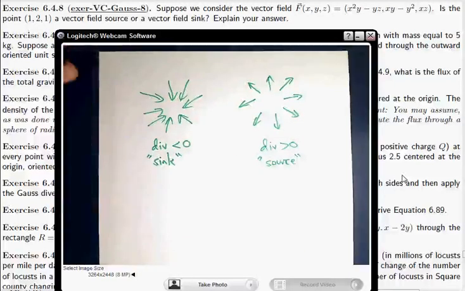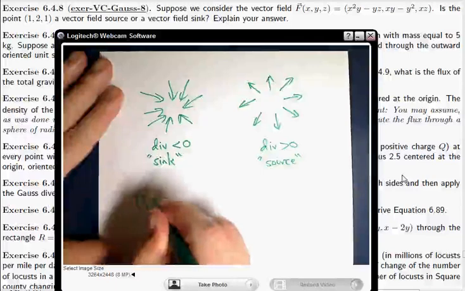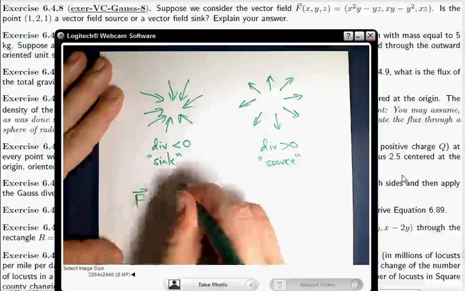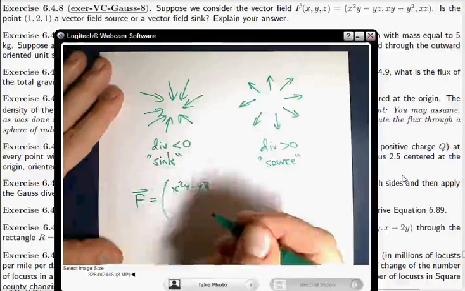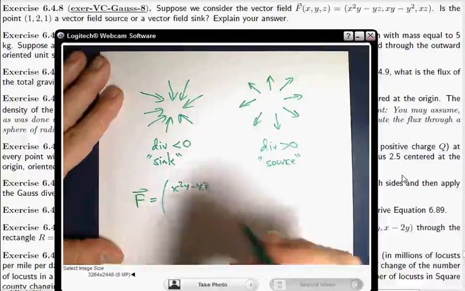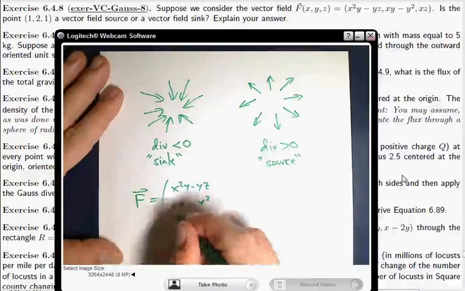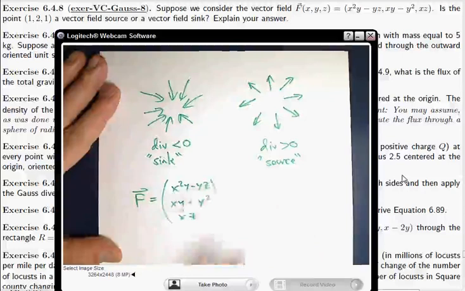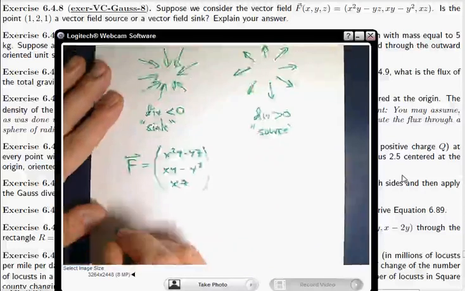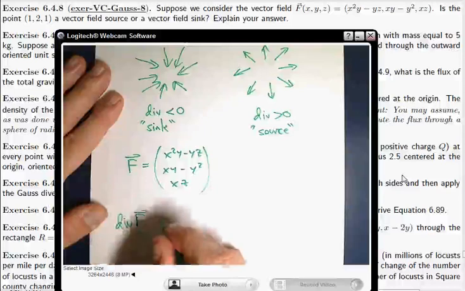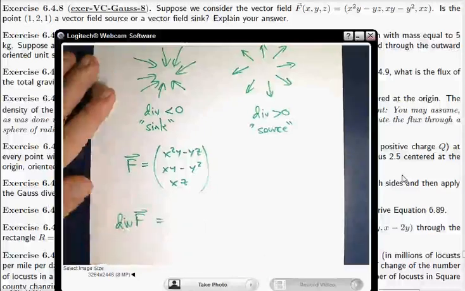The problem gives us a particular vector field F, which is x squared y minus yz, and xy minus y squared, and xz. We're going to compute the divergence of this. And let's see, what is the divergence of this?